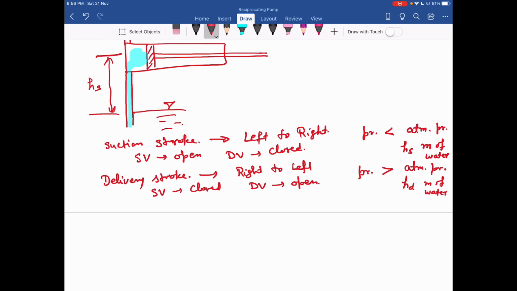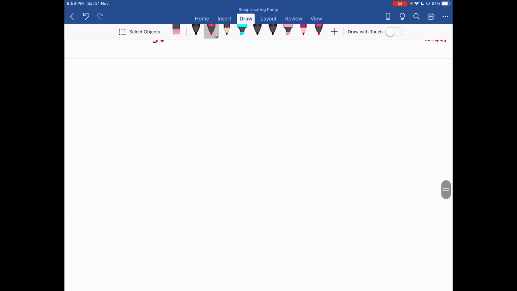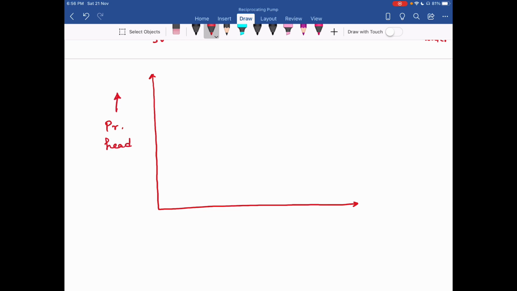Now if I try to draw this indicator diagram, along the y-axis I have pressure head, along the x-axis I have stroke length, and this is my atmospheric pressure.